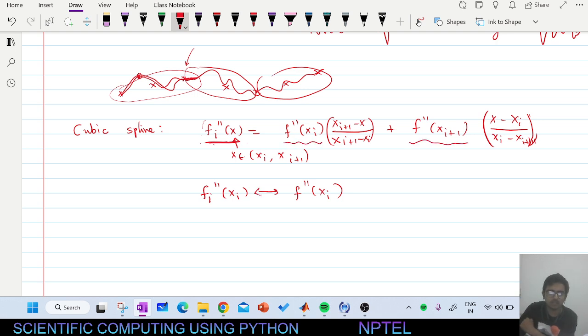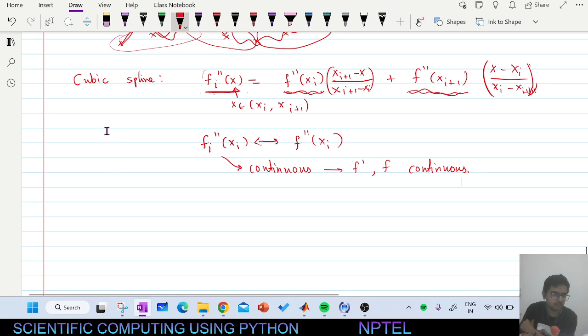But once you have this second derivative, you can find the second derivative at all the points, and by construction this second derivative is going to be continuous, which means the first derivative and f also will be continuous. So this is the cubic spline.